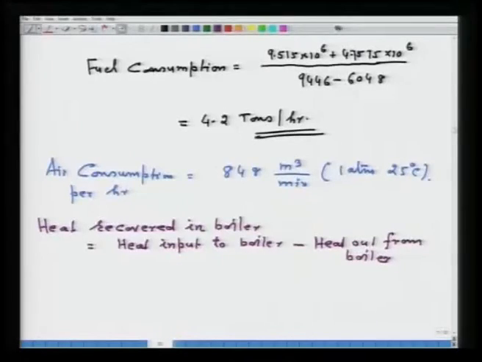Heat is being input at 1327, of which 15% is lost. So, only 85% is recovered. And the heat output from the boiler, that is the heat taken by POC after exiting from the boiler, is at 320 degrees Celsius.